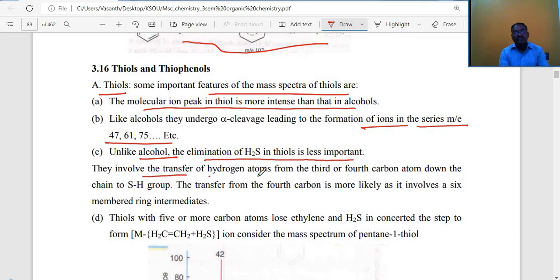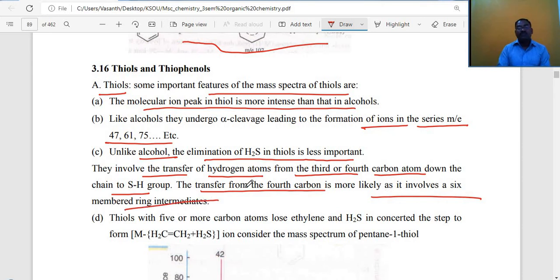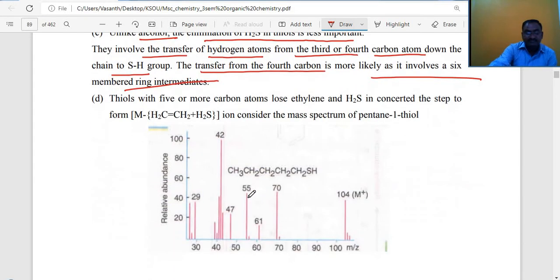They involve the transfer of hydrogen atoms from the third or fourth carbon atoms down the chain to the sulfur hydrogen. A transfer from the fourth carbon is more likely as it involves a six-membered ring intermediate. Thiols with five or more carbon atoms lose ethylene and H2S in concerted steps.